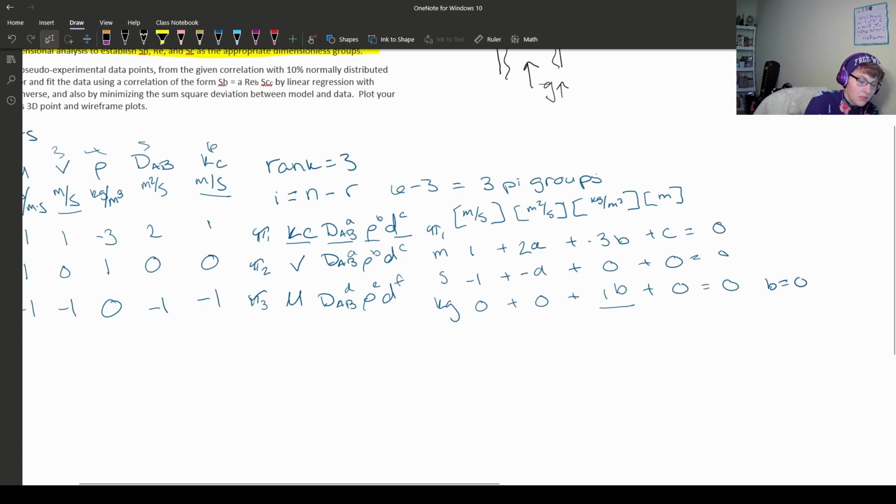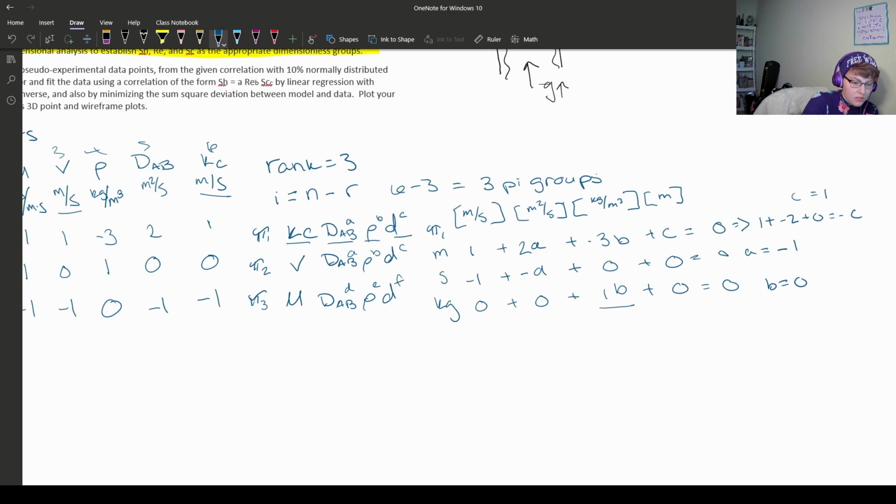When we simplify that down, we get A is equal to -1. And then when we rewrite this equation, we get 1 plus -2 plus 0 is equal to -C. So that means that C is equal to 1.